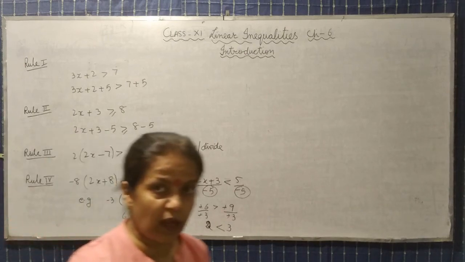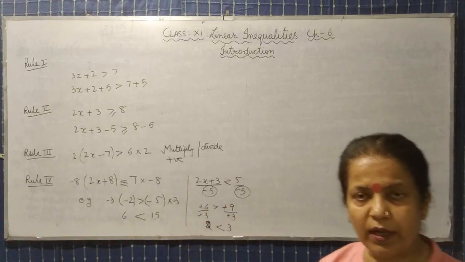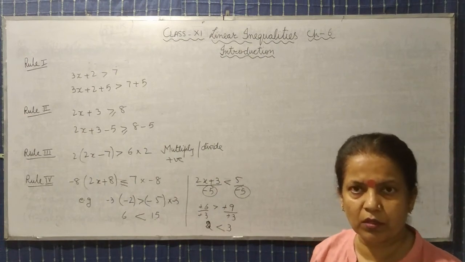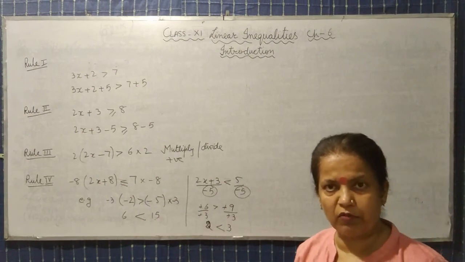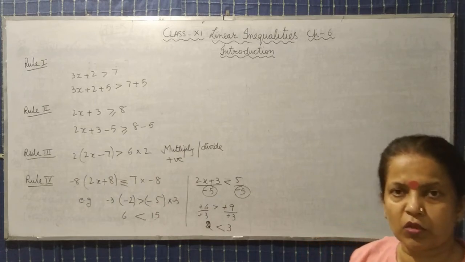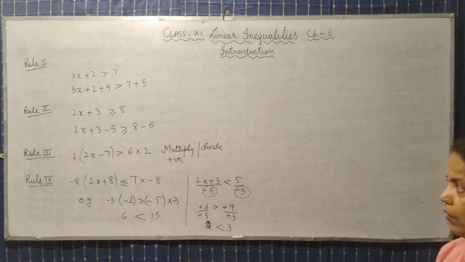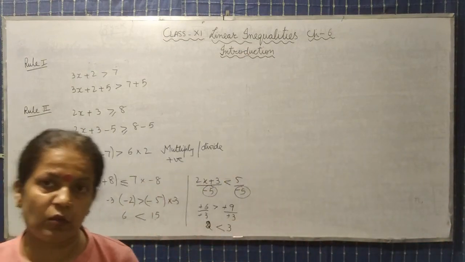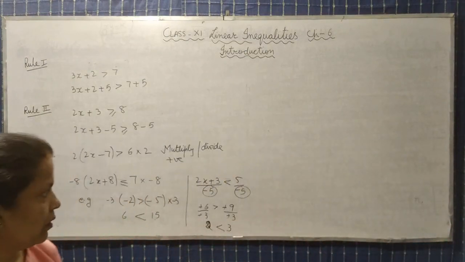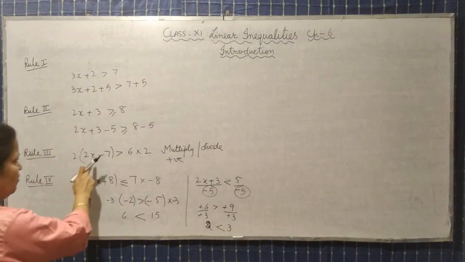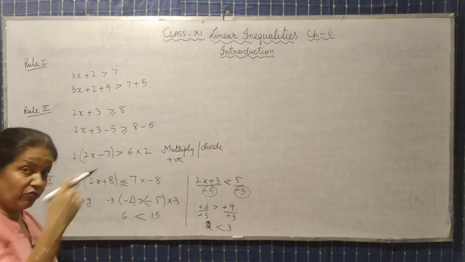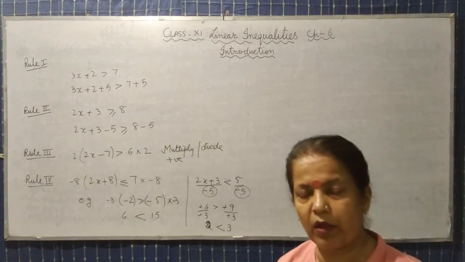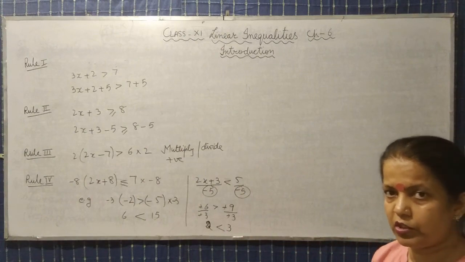So what are the rules? If equals are added on both sides of an inequality, then there will be no effect. If equals are subtracted from both the sides, then also there will be no effect. If we multiply or divide both the sides with a positive number, then also there will be no change.